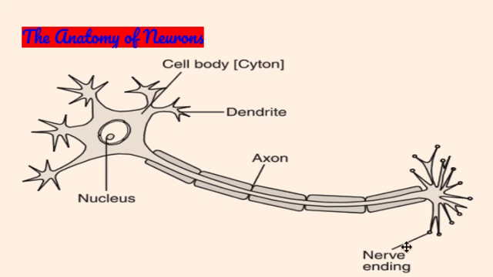So, as you can see right here, these little tree branch star-like structures, these are dendrites, and that's the part of the neuron that picks up signals from other neurons in the form of neurotransmitters.